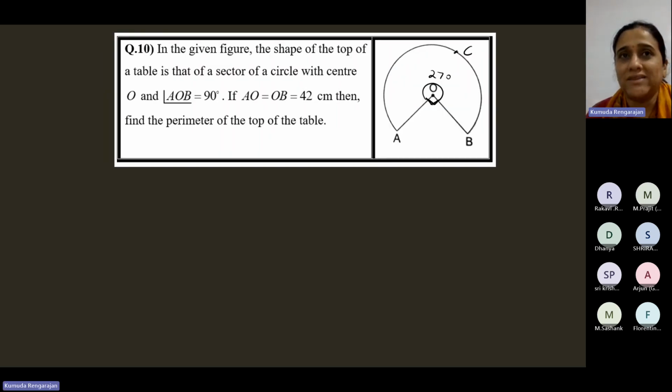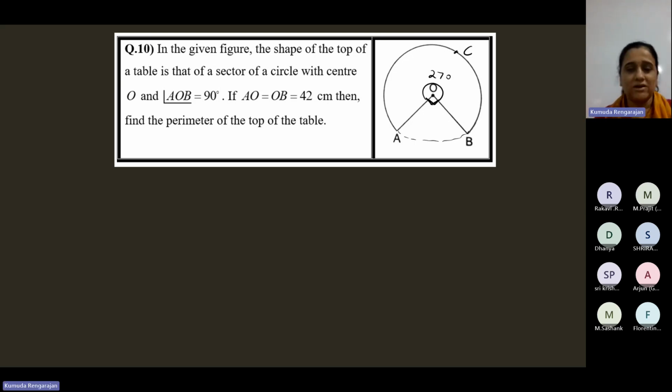Perimeter does not work like that. It's like from the full circle, a sector with sector angle 90 degrees is removed, and the remaining portion is what we see here.